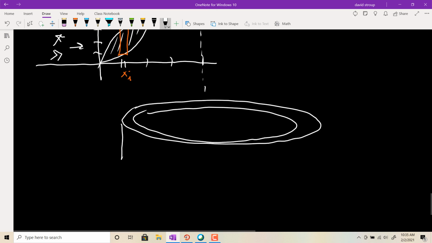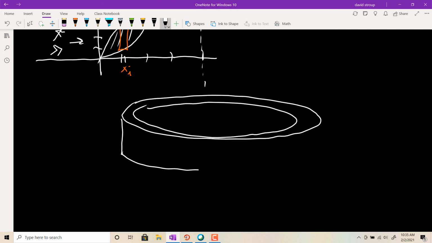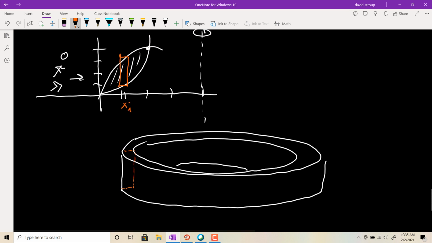Okay. And where is the red rectangle now? It's sitting right here. Okay. So my point is, in order to get the radius, what we're looking for is the distance from here to the axis of rotation. So I need a formula for that distance in order to get my p of x formula.